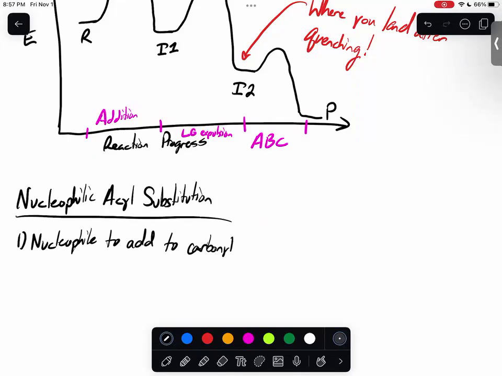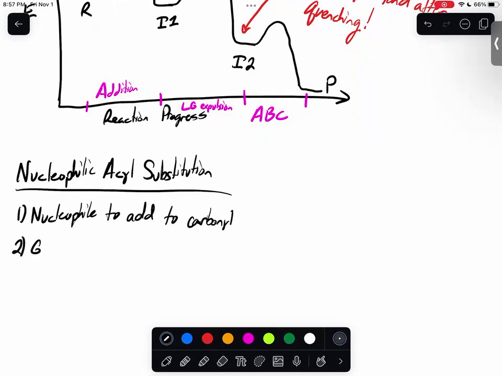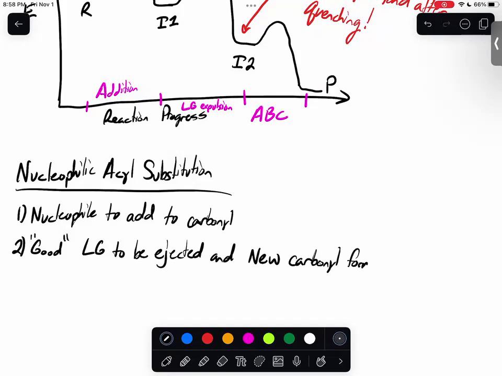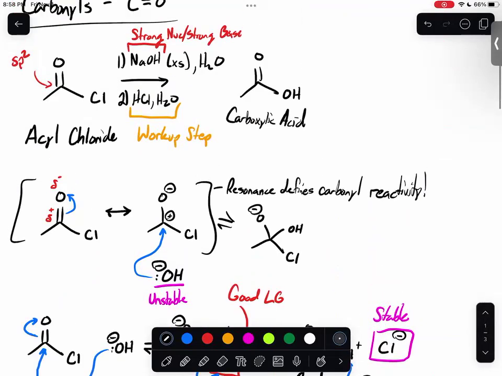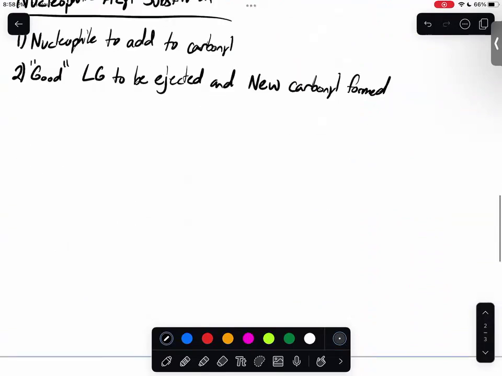The second thing is we need a good, and we're going to put that in quotes, leaving group to be ejected, and a new carbonyl will be formed, right? Because notice that we started out with a carbon-oxygen double bond. The only thing we really did was replace the chlorine with the OH because we reformed that double bond at one point. So with that being said, we can think about this in a very simplistic way, right?